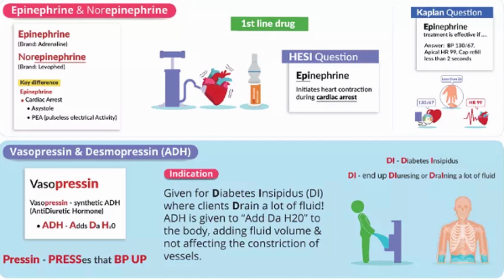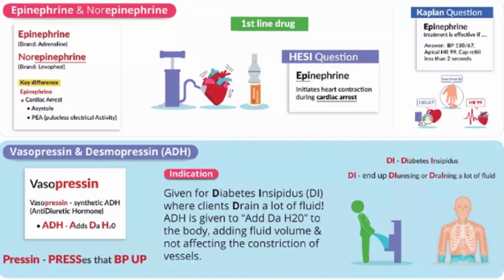So Levophed is norepinephrine, which is, I don't know why that's showing up so blurry. It doesn't really look like that on my screen. This is given for low blood pressure that's usually due to some sort of procedure or cardiac arrest.